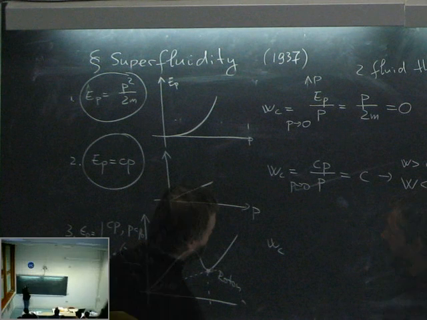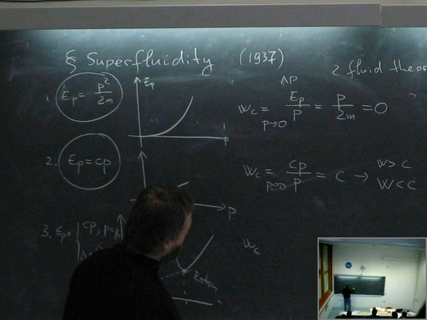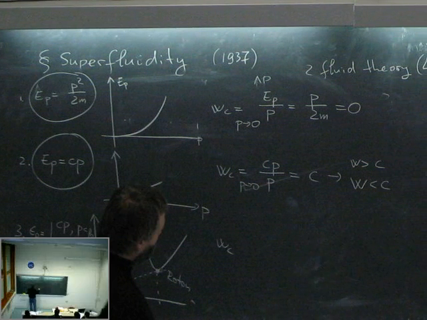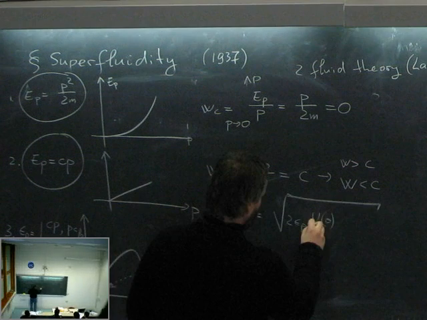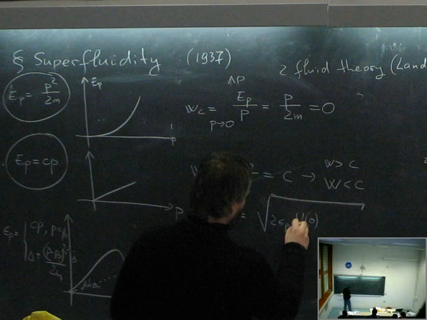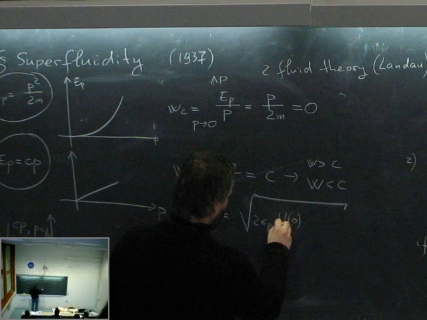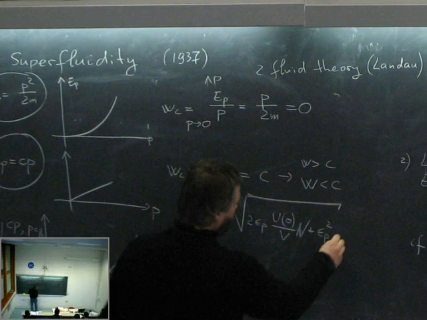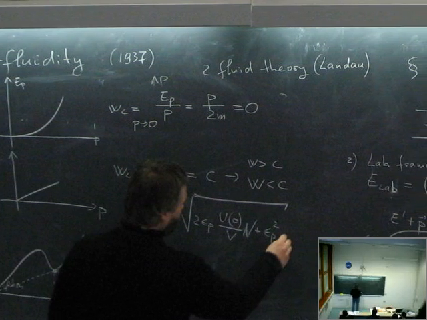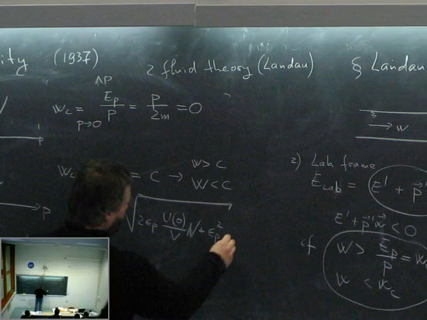However, if we recall our calculations for the weakly interacting Bose gas, then epsilon_P was equal to the square root of 2 epsilon_P times u naught n over m plus epsilon_P squared, which then for small P was the square root of u naught n over m times P.